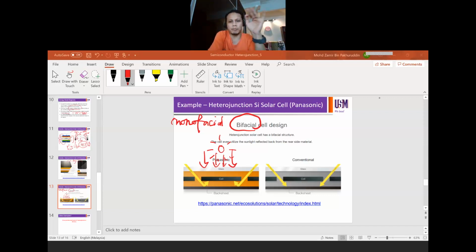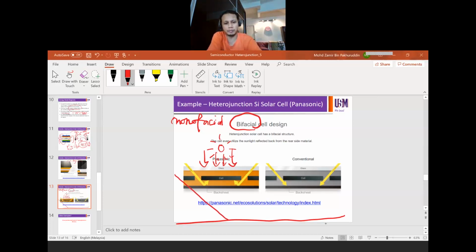Kalau you letak dekat bumbung parking kereta ke, Tesco ke, Giant ke, whatever, yang ada parking lot, kalau you letak panel kat situ, katalah panel tu belakang dia exposed to open area, so light yang reflected from the land ataupun daripada jalan, for example, katalah you ada panel kat sini.